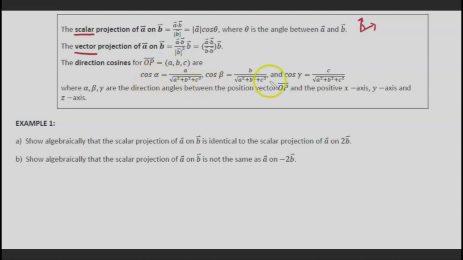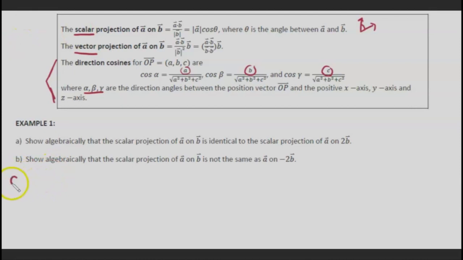Then we're going to have three cosines: cos alpha, cos beta, cos gamma. We're going to put each of these components, a, b, and c, in the numerator, and the magnitude of OP in the denominator. Those are called direction cosines. Alpha, beta, gamma are the direction angles between the position vector and the positive x-axis, the positive y-axis, and the positive z-axis. We're going to come back to that. We're going to focus on scalar projection first.